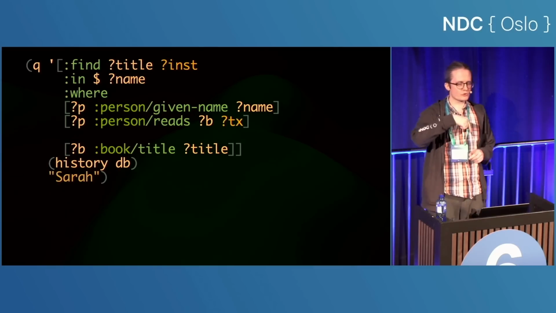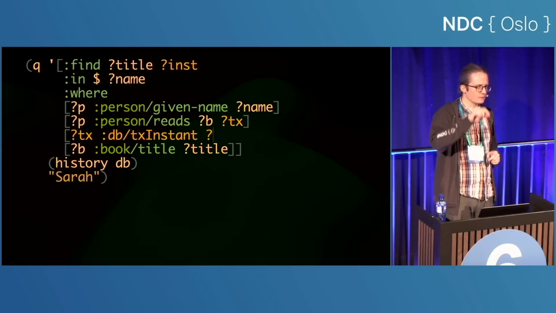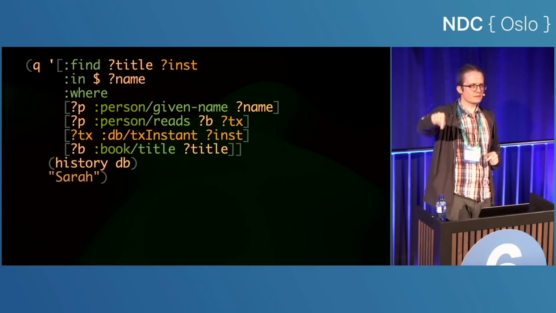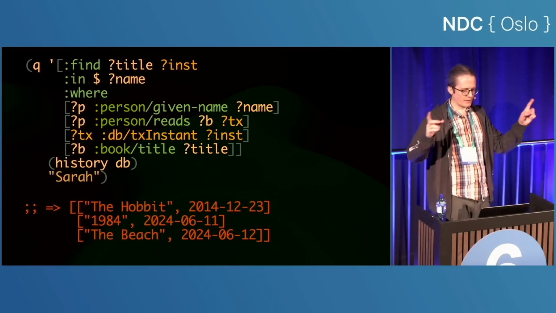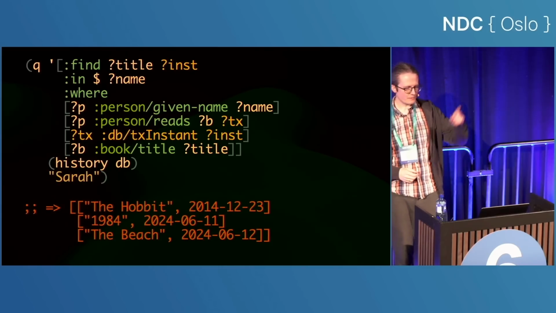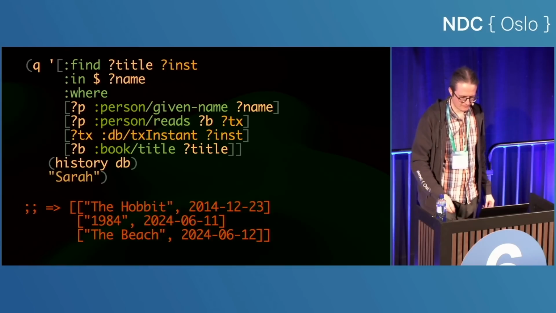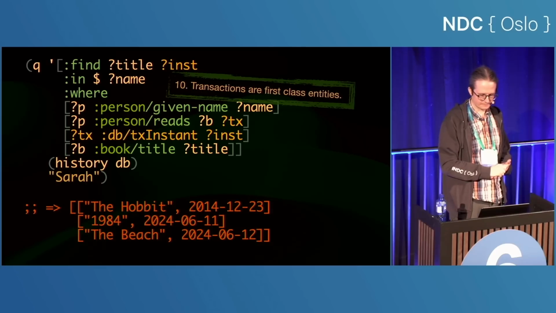This refers to the transaction entity, and we can add that to our query, look up its attribute of database transaction instant, bind the value to the instant variable there, and run the query again, and look. Now we have the instant for all of these reads. So transactions are first-class entities in Datomic.